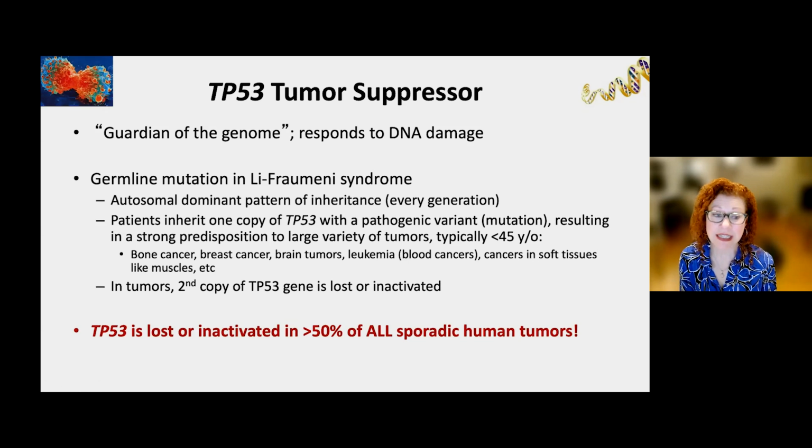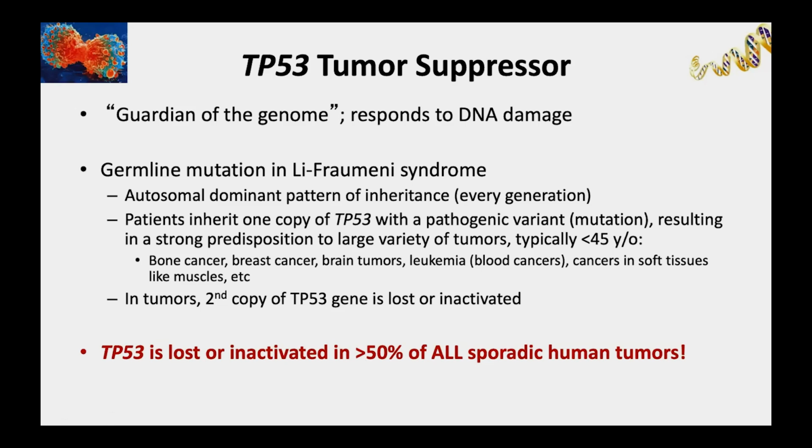And in fact, it is lost or inactivated in more than 50% of all sporadic common human tumors. And it's probably much higher than that, because we're discovering different ways that tumor suppressor genes can be inactivated. And so it's likely much higher than that.